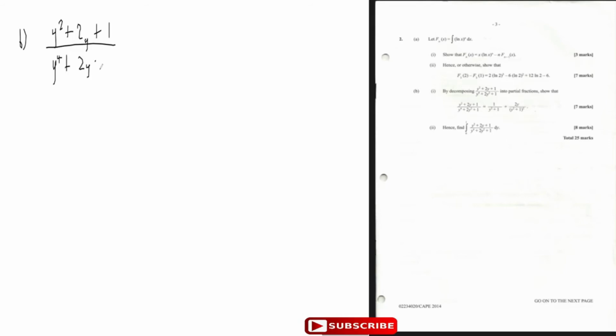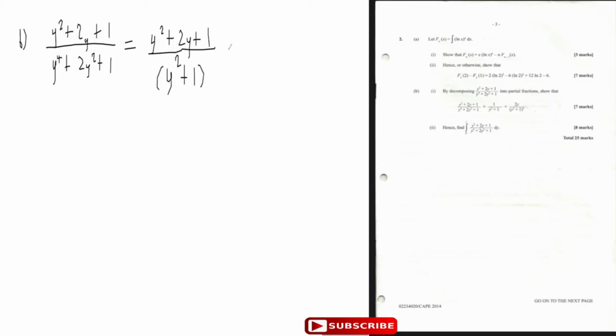That's the question that we have. So first and foremost, I can rewrite this as y squared plus 2y plus 1 divided by, I can rewrite the denominator as (y squared plus 1) all squared. I can rewrite this denominator because this is a perfect square.